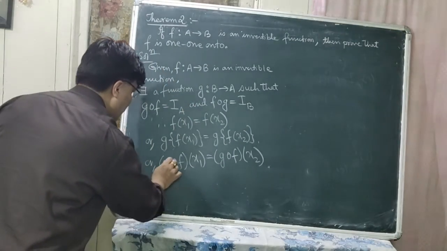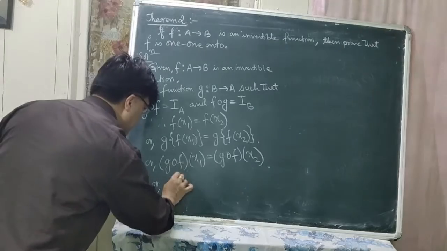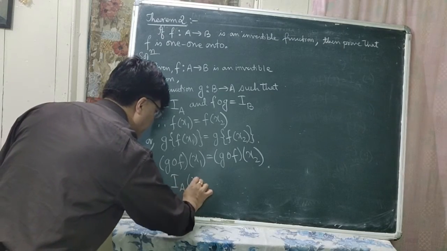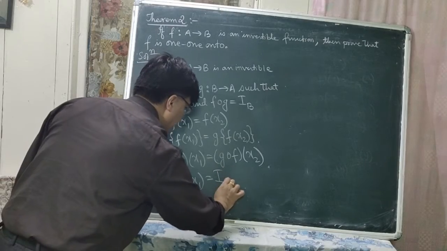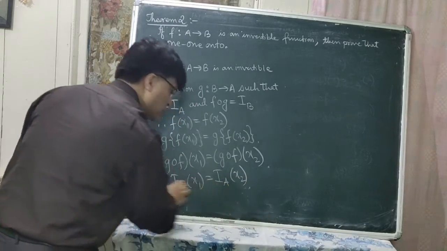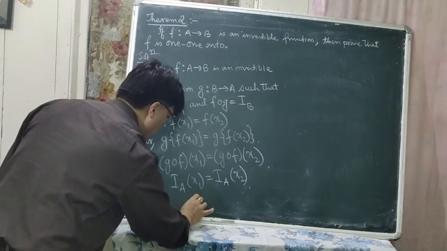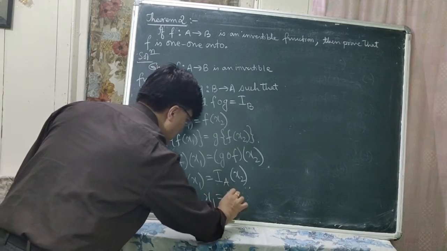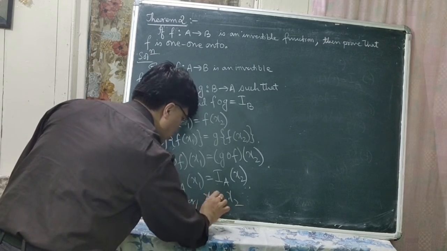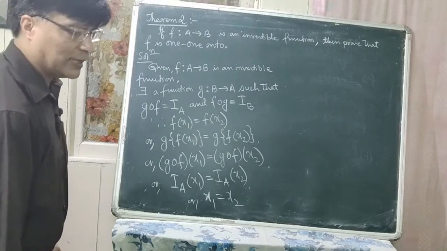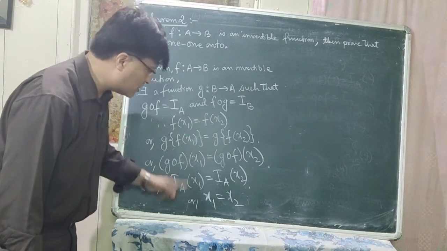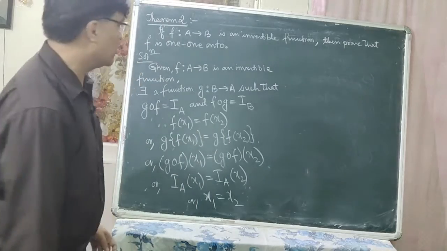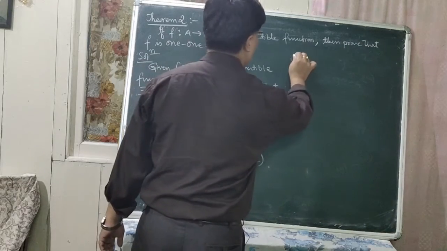So here instead of GOF you can write IA of x1, and this is IA of x2. So this is your identity function, which implies that x1 is equal to x2. So f of x1 is equal to f of x2, what does it imply? x1 is equal to x2. That means the function f is 1 1.